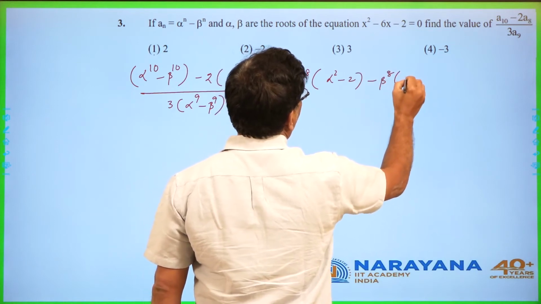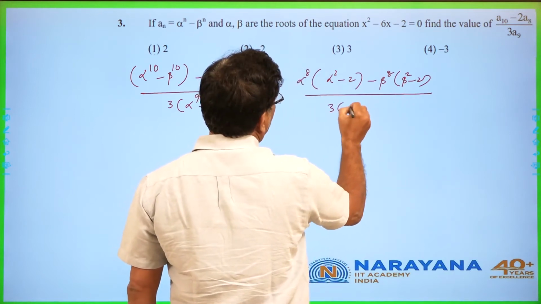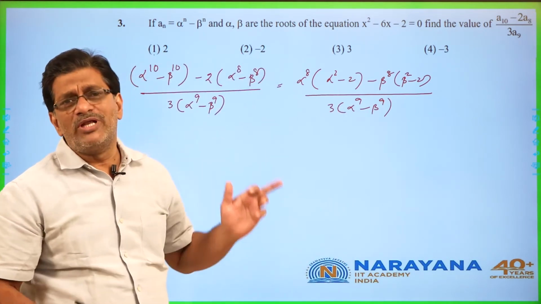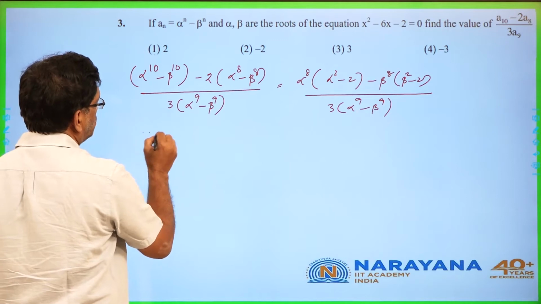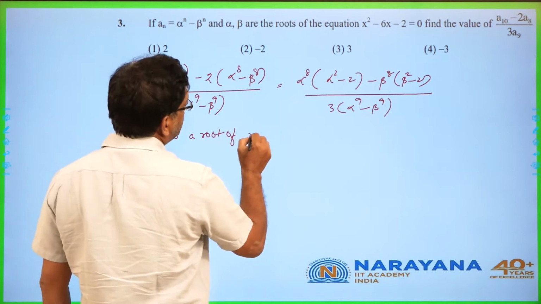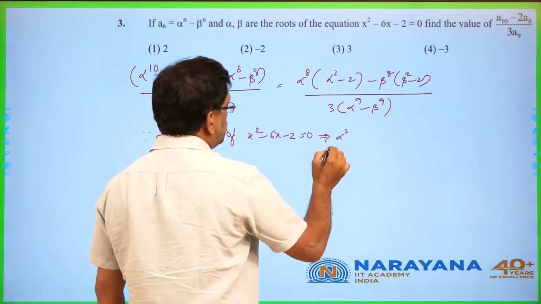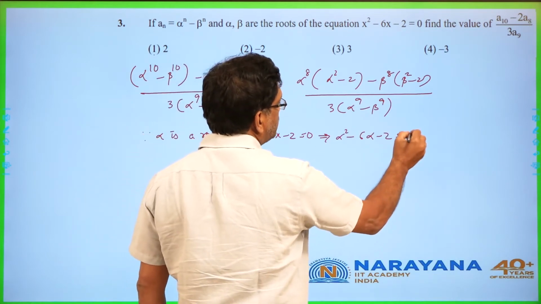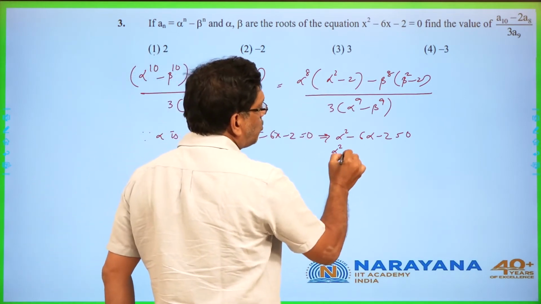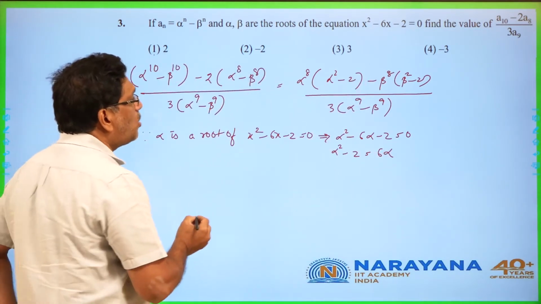Similarly, beta power 8, beta square minus 2, by, keep the denominator same without changing. No need of computing this value, since alpha is a root of x square minus 6x minus 2 equal to 0. You mean alpha square minus 6 alpha minus 2 equal to 0. We want the quantity alpha square minus 2, that is 6 alpha. Similarly, beta value also.